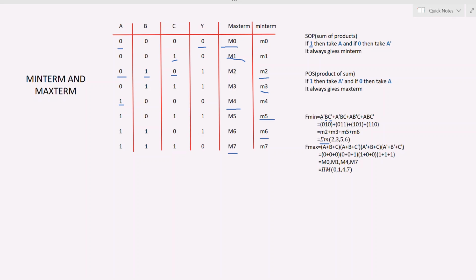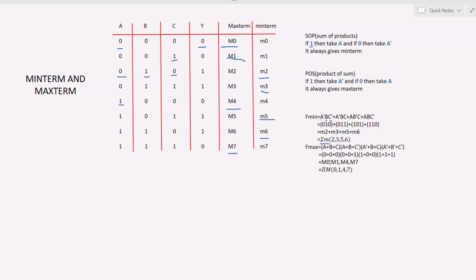And if the equation is already given, then you can convert it, and you can check which maxterm you get. For A it's 0, and for complement of A it's 1.